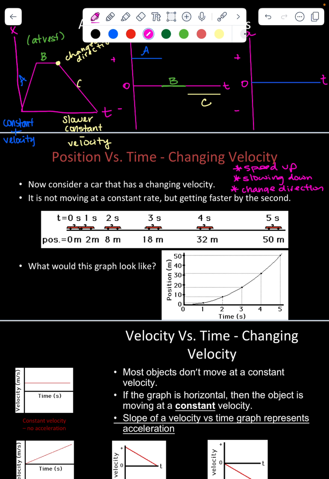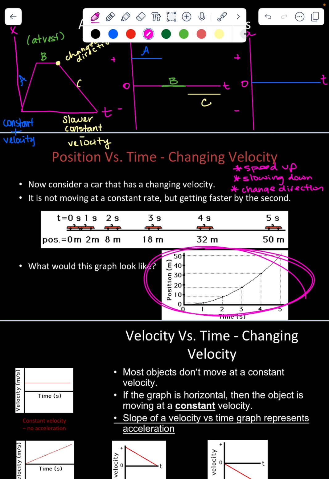So we can either be speeding up, slowing down, or changing direction, and all of that means that we have acceleration. So on that lab, you should have seen a graph that looked something similar to this.